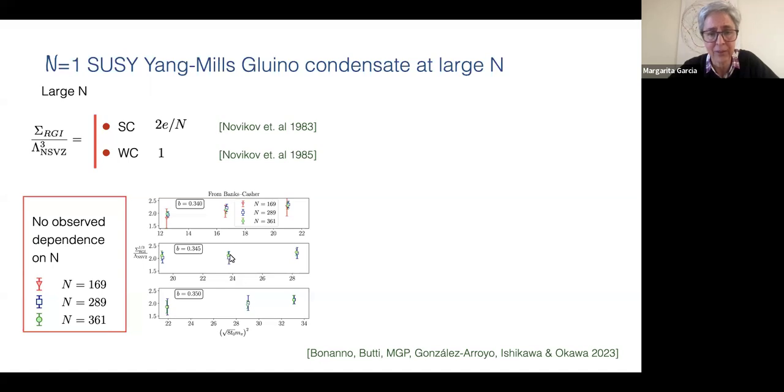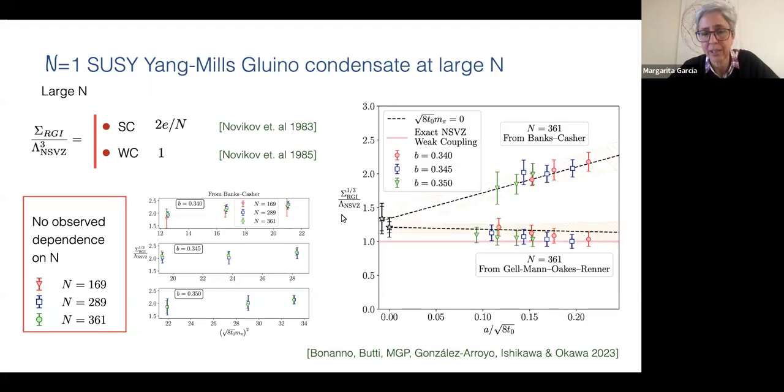The points contain 3 different values of N for different pion masses, and we see no evidence of the strong coupling result. I also plot the continuum extrapolation of the gluino condensate as a function of the lattice spacing, extracted in two different ways: from the density of eigenvalues of the Dirac operator, and from another method similar to the ones we used for computing the quark chiral condensate.